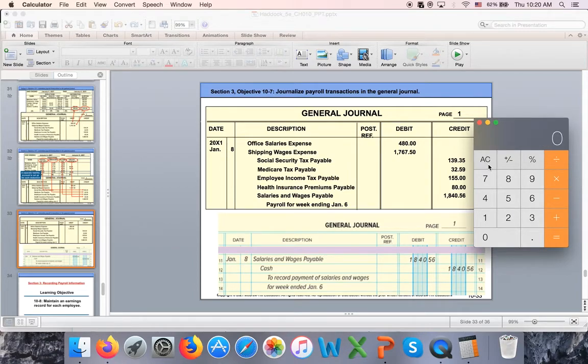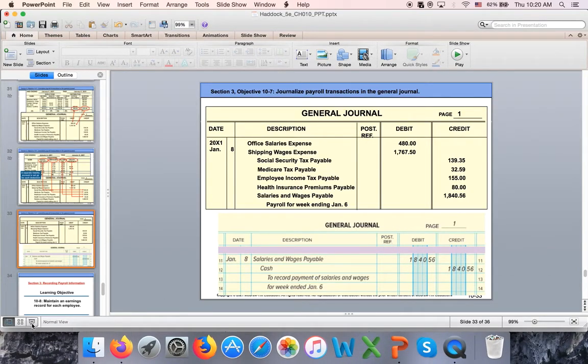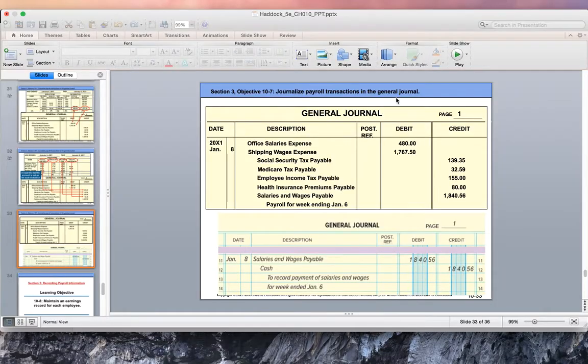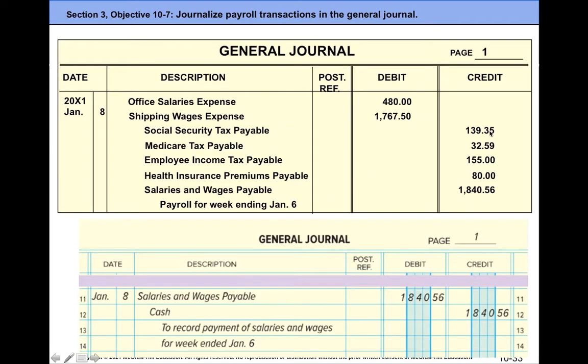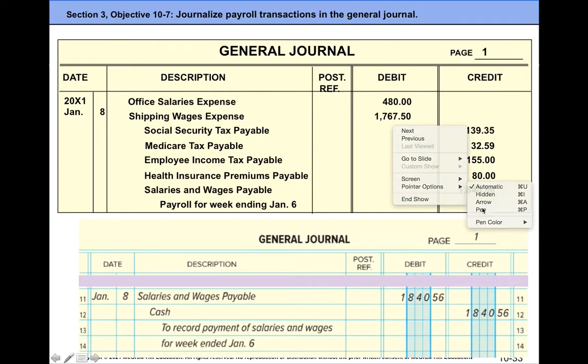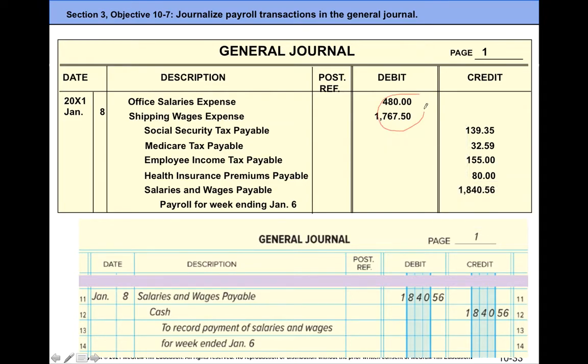Oops, something is wrong here. Well, believe me, I'm not going to spend time. Just trust me on this. So if I take these two amounts and multiply by 6.2%, I will get this amount. If I take these two gross pay, again, let me say this is gross pay, right? This is gross pay, and multiply by 1.45%, I will get Medicare.